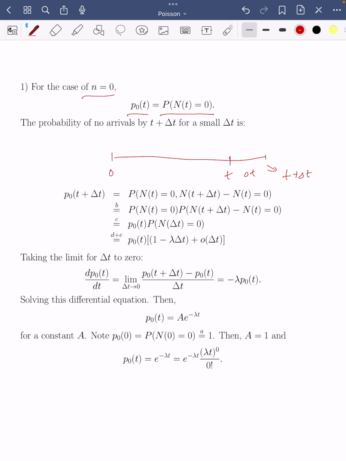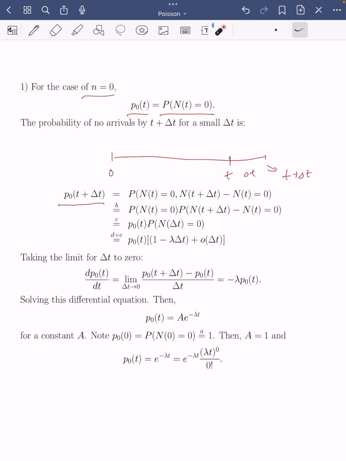And then the chance P_0(t plus delta t) means in this time period there's no arrival at all. So from 0 to t there's no arrival. Also between t and t plus delta t there's no arrival. So which means N(t) equals 0, also N(t plus delta t) minus N(t) equals 0 as well.